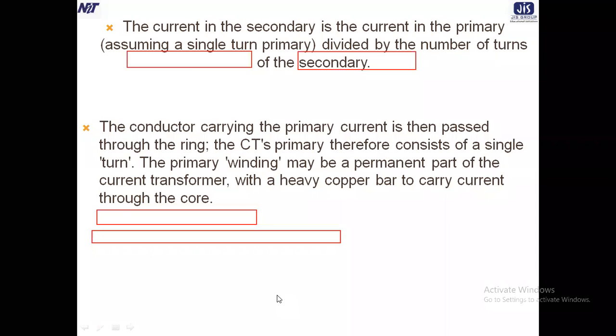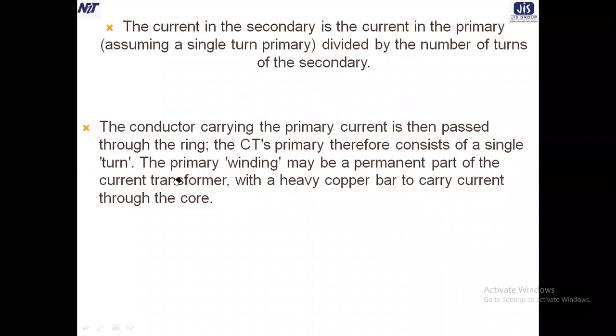Next, the current in the secondary is the current in the primary, assuming a single turn primary, divided by the number of turns of the secondary.